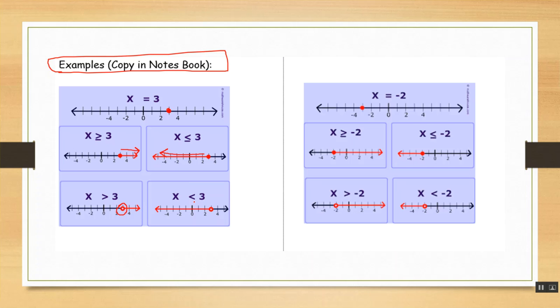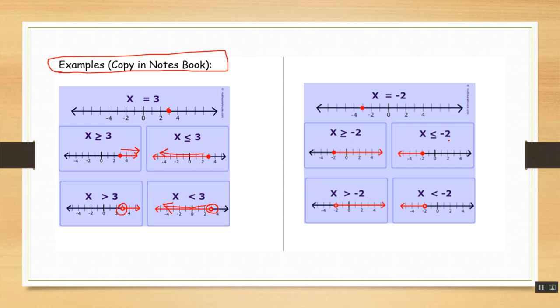And x is less than 3. We have a circle around the 3 that's not coloured in. And the line indicating less than. Same kind of thing for x equals minus 2. When it equals it, it's a dot on our number line. Greater than or equal to is the dot with an arrow to the right.